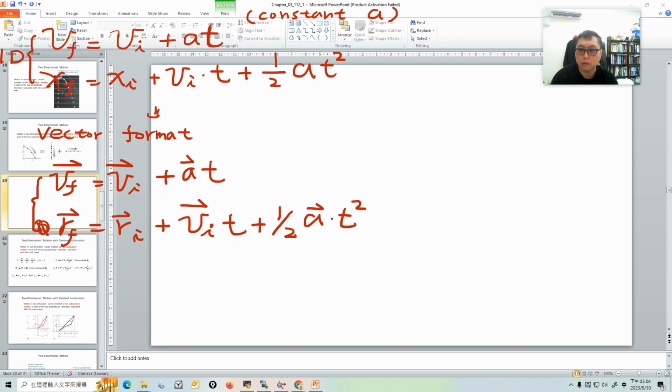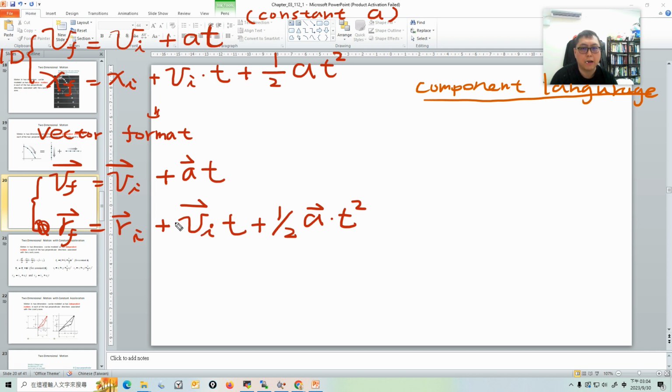But what I want to address is that in real calculation we rarely use the vector format. We use components. We use component language more often, because component language is much easier for calculation.